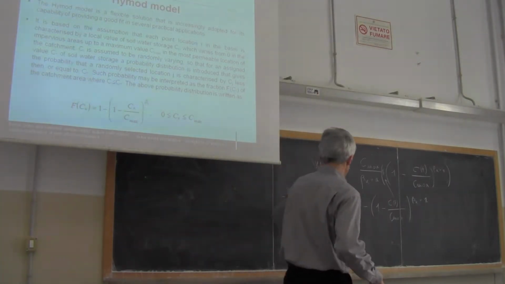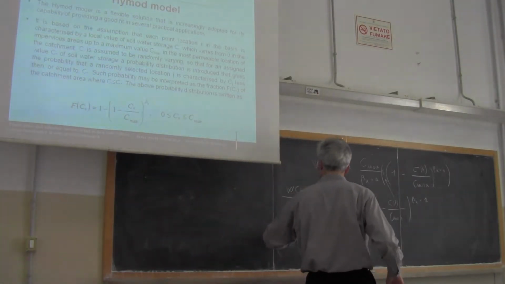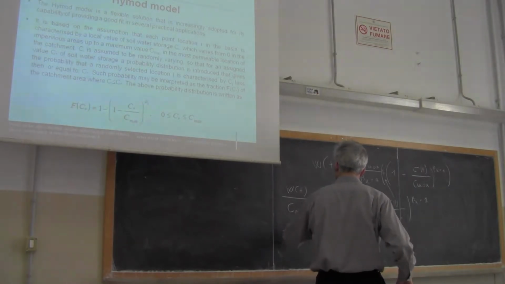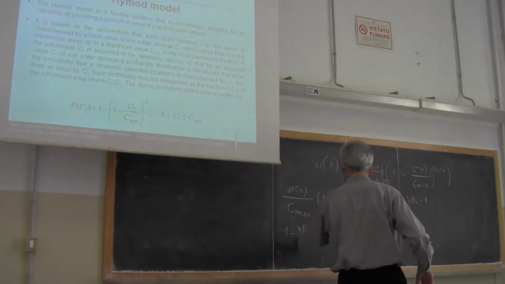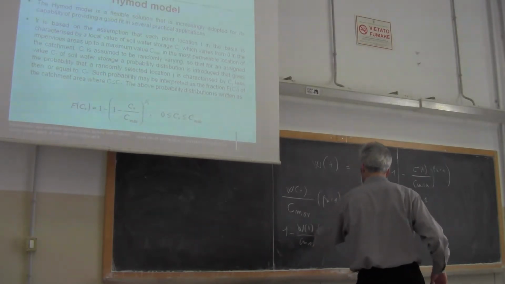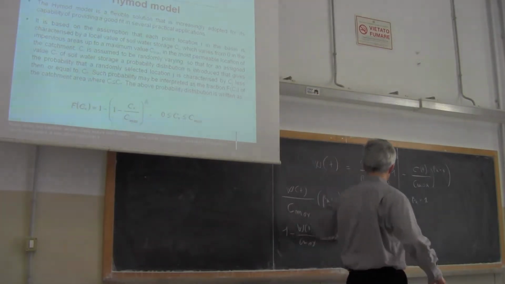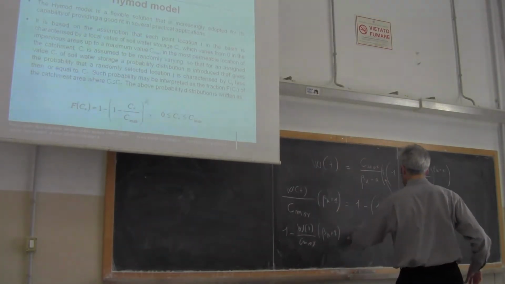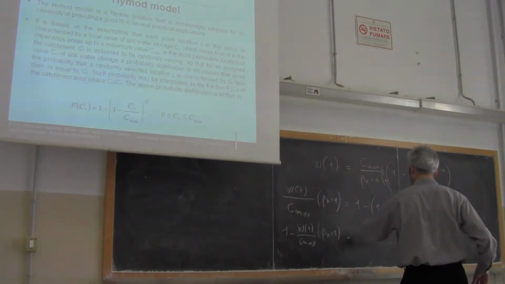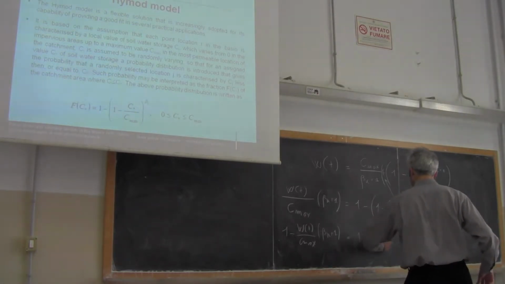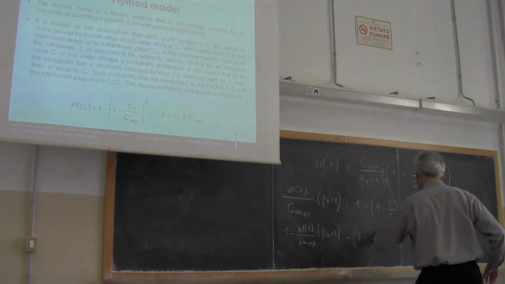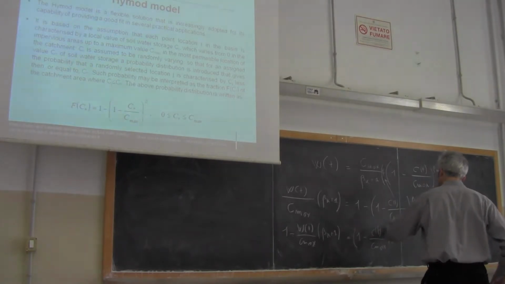So let me write 1 minus Wt divided by Cmax, which multiplies beta k plus 1. Change the sign. This is equal to 1 minus Ct divided by Cmax to the power of beta k plus 1.